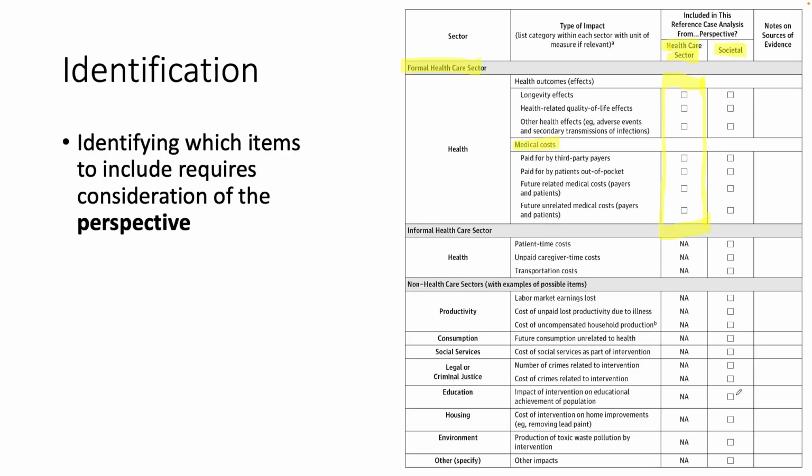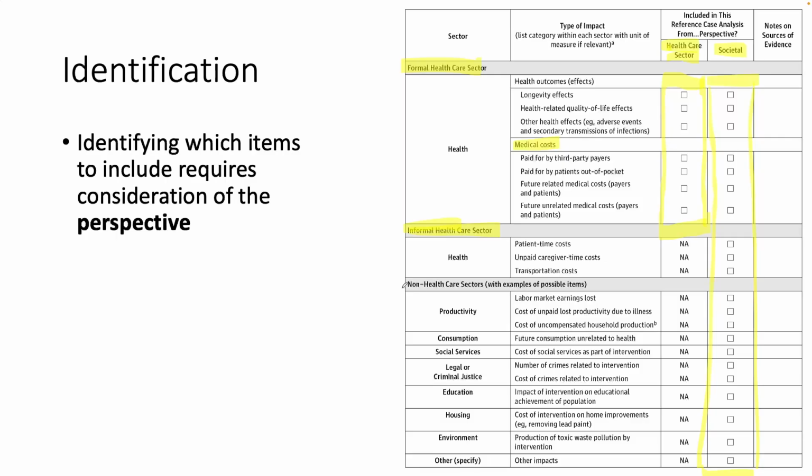Now, if we do a societal perspective, you can see they recommend a lot more, and a lot of these costs are very difficult to obtain, and hence societal perspectives are often not used. So now we're going to look at informal healthcare sector costs. So this includes patient time, unpaid caregiver time, and transportation costs. So a lot of these are patient-related costs.